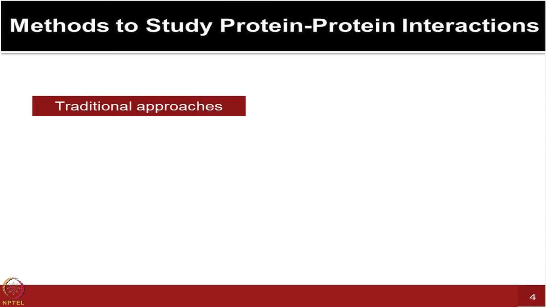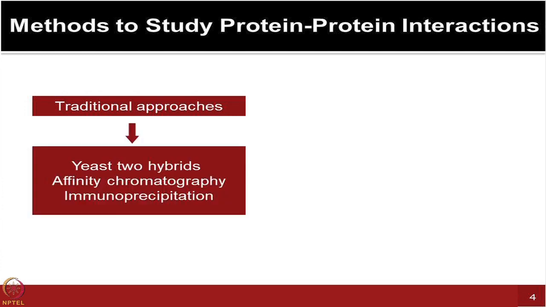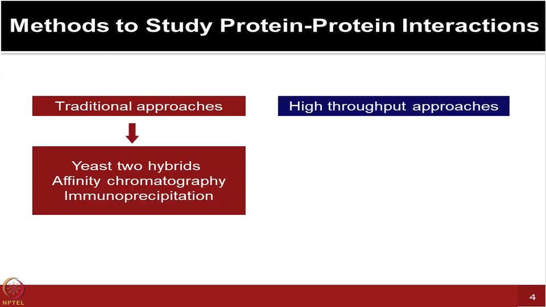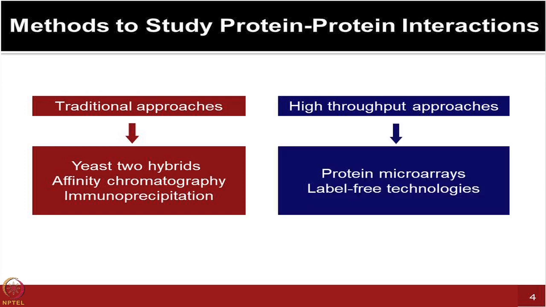Therefore, many types of protein interaction methods have come forward. The traditional approaches include yeast two hybrid and different types of IP methods, and among the latest technologies, you are now happy and convinced that protein microarrays are emerging as one of the solid platforms, including cell-free expression-based arrays, which include NAPA arrays, and then we have a couple of label-free platforms, the biosensors, which are equally crucial as well.